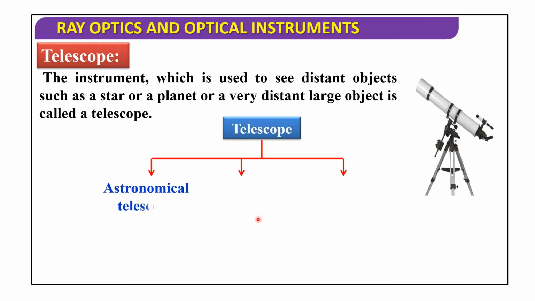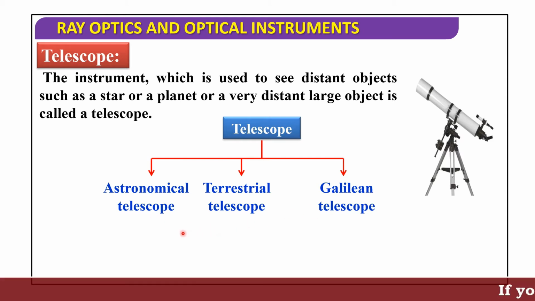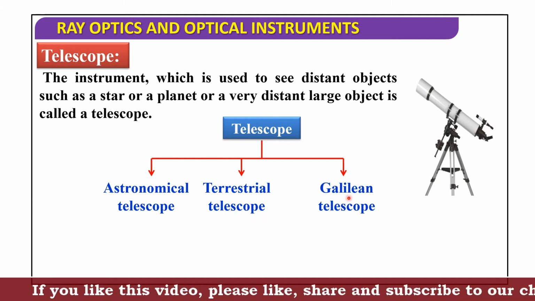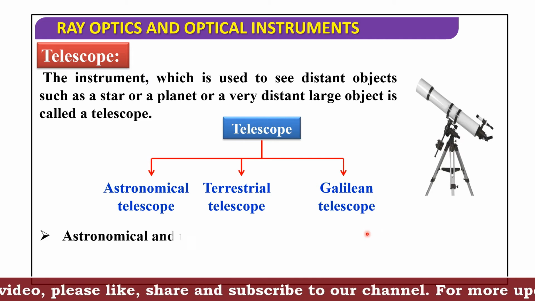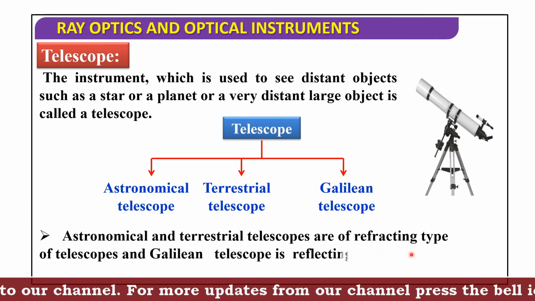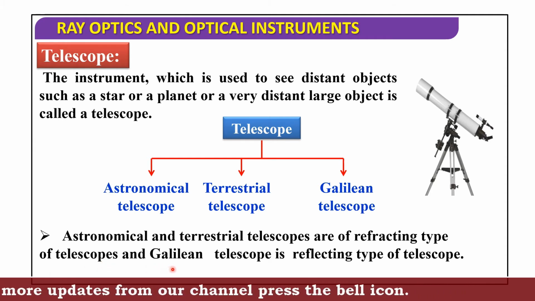Telescopes are of three types: astronomical telescope, terrestrial telescope, and Galilean telescope.